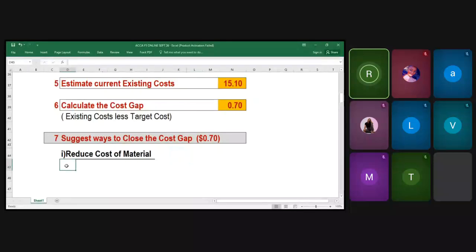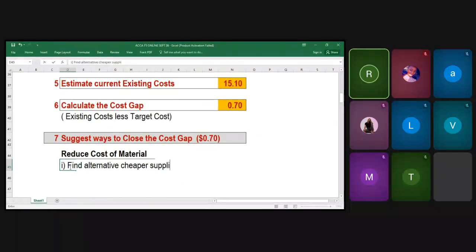So number one, that's A. Right, for a nicer presentation, let me do this. All right, reduce cost of material. How do we reduce the cost of material? We are going to say find alternative cheaper suppliers.